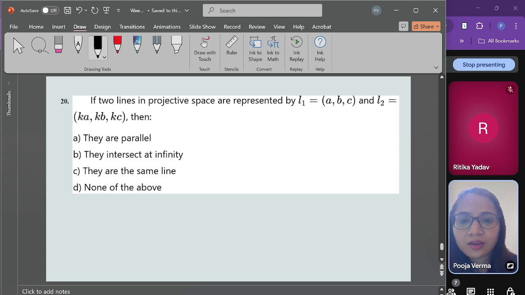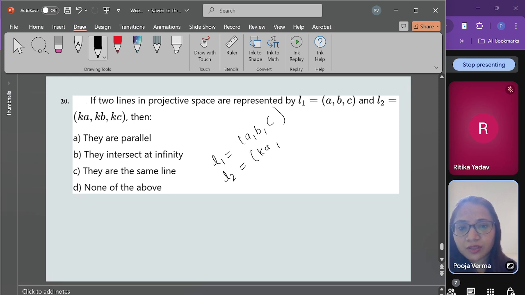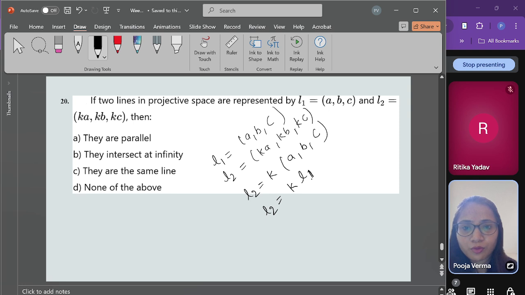L1 is represented by A, B, C. Does someone want to answer this question? Please answer. And L2 is kA, kB, kC. If we take k common, you will get again A, B, C. That means L2 is equal to k times L1. Many times we have seen they are the same line with a non-zero scalar factor, so they represent the same line.